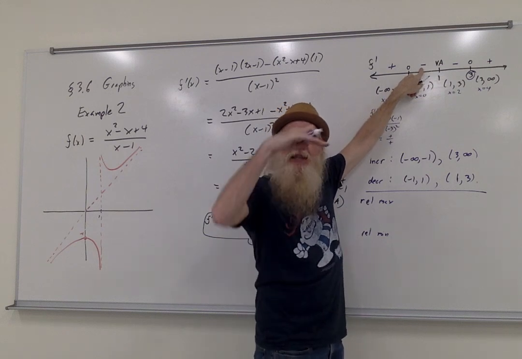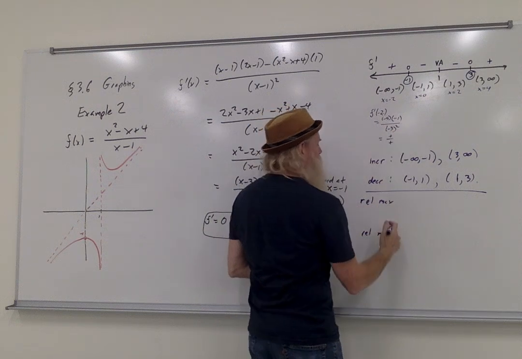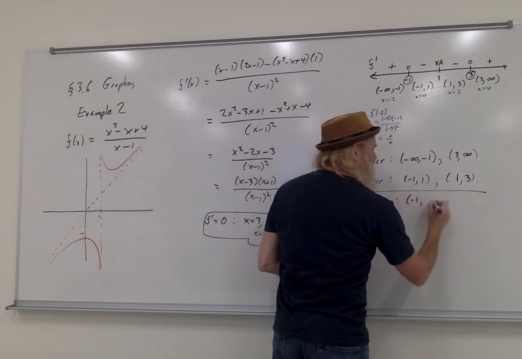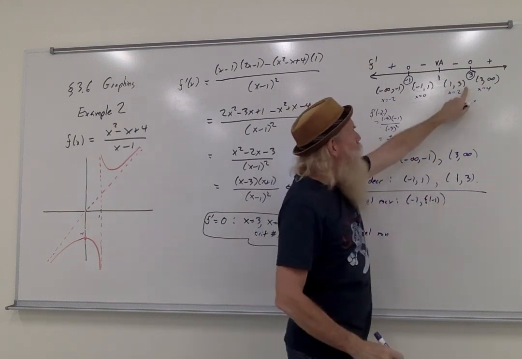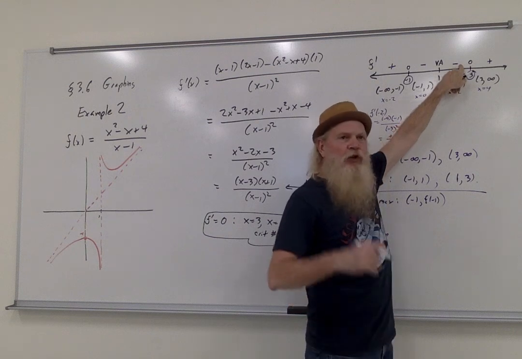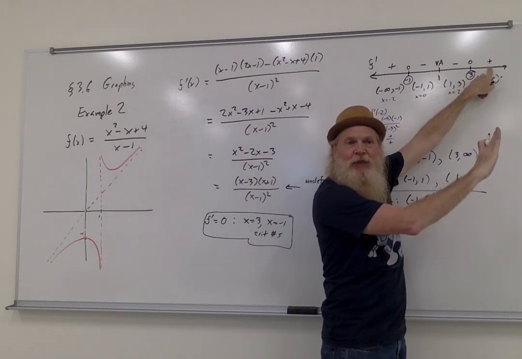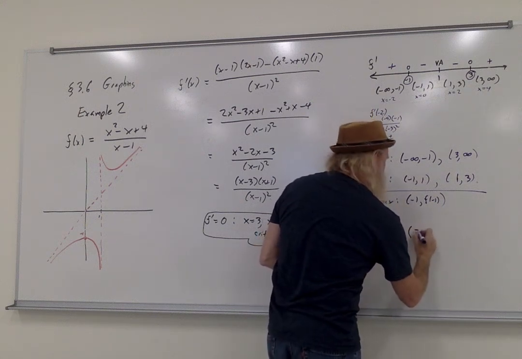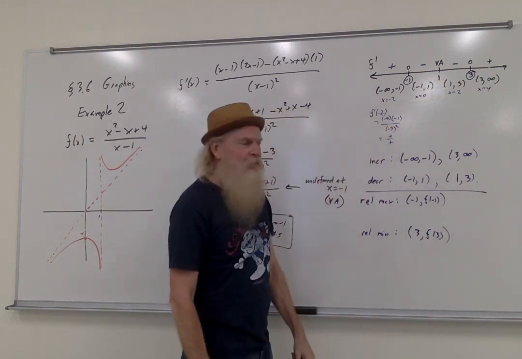So the function is increasing and then decreasing, which means that that's going to be the location of a relative max. So there's a relative max at negative 1, comma, f of negative 1. Over here at 3, notice that the first derivative is negative, so decreasing, and then positive, increasing. So that's going to be the location of a relative min. So there's a relative min at 3, comma, f of 3.